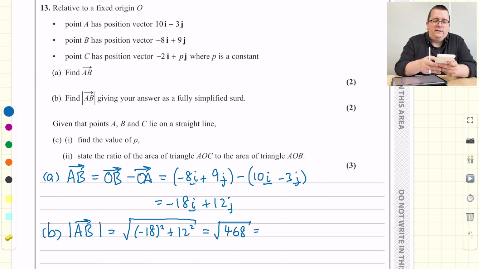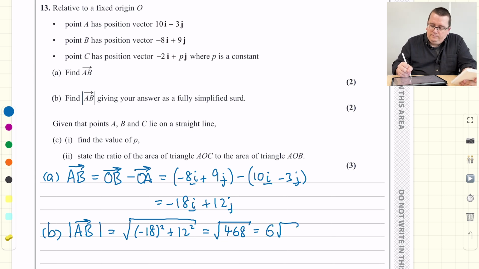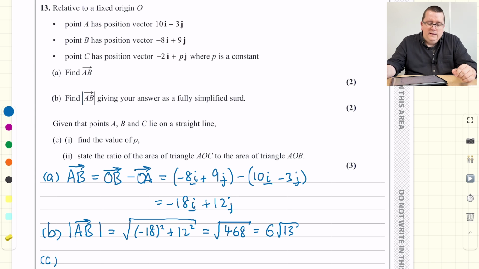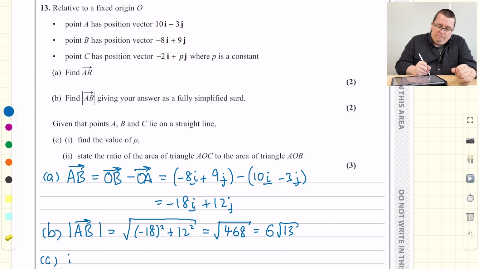So square root of that is 6 root 13. Okay. Given that points A, B and C lie on a straight line, part 1 of C, find the value of P.